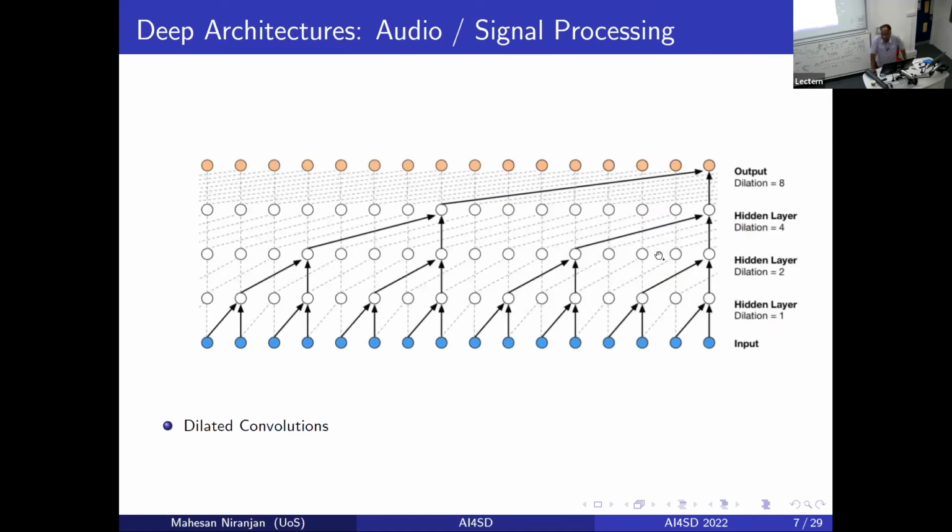In audio signal processing, you can do exactly the same thing, not two-dimensional convolutions, but one-dimensional convolutions. This architecture became quite famous with speech modeling. Here we could talk about convolutions, but there are also dilations that you can think of. It's basically building models with some flexibility in there. What do these dilations do?